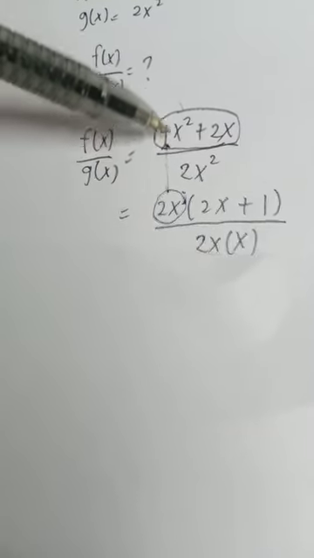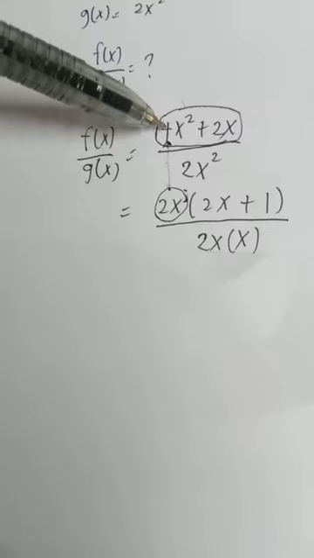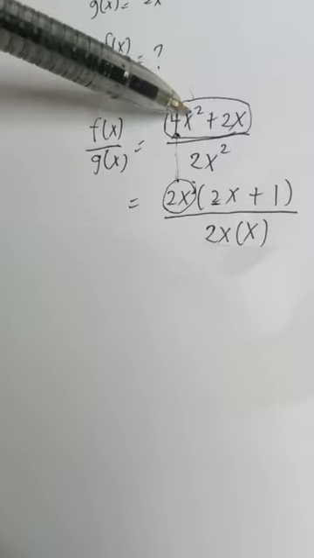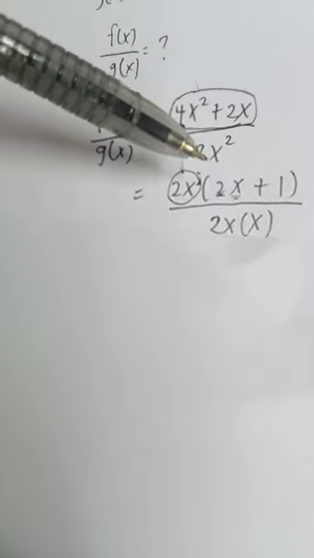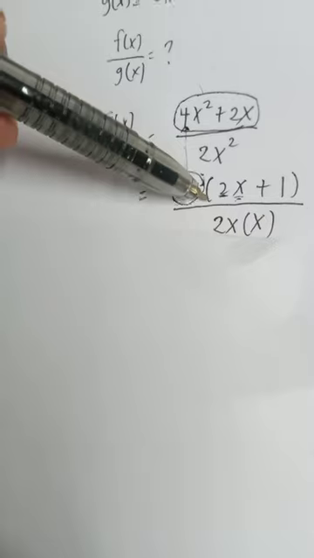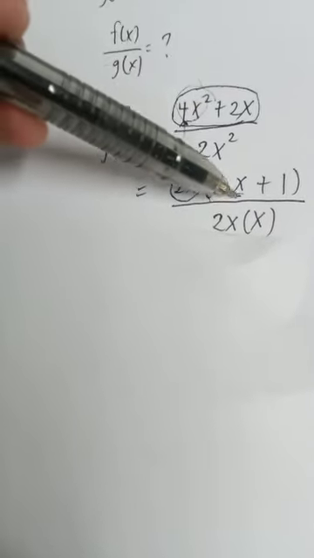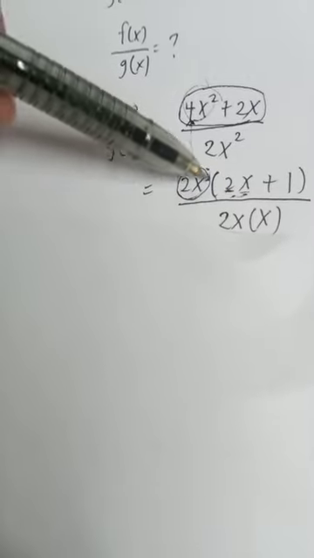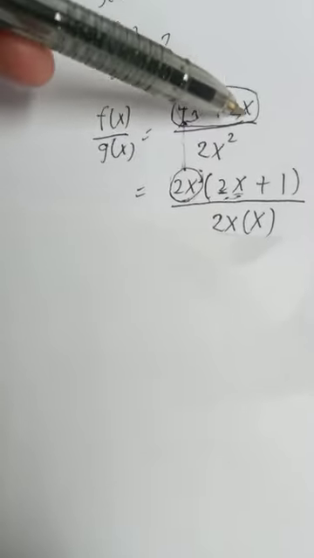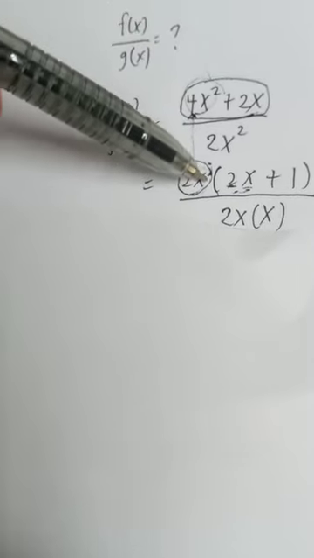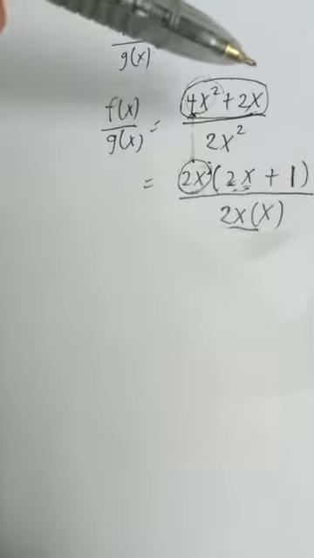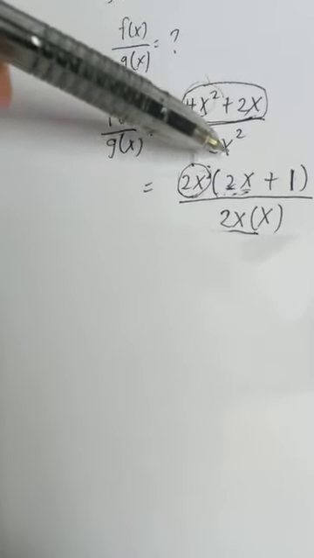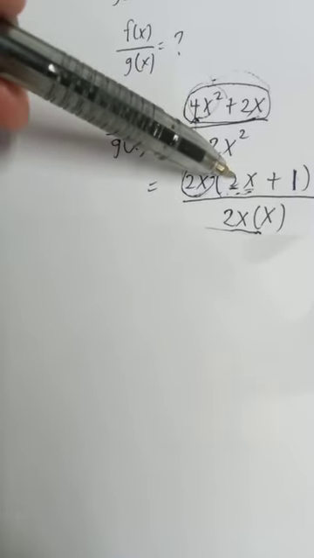So you have now, no, 4 divided by 2, which is 2, and then x squared divided by x become x. So yan na ang ilalagay natin sa loob. This one will become 2x because we extract the 2x naman already. And then for this one, 2x divided by 2x, it will become 1. No? So we extract 2x, and then from this one, it will become 2x plus 1.